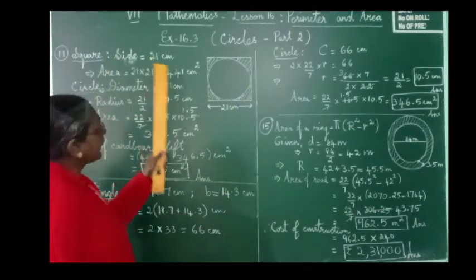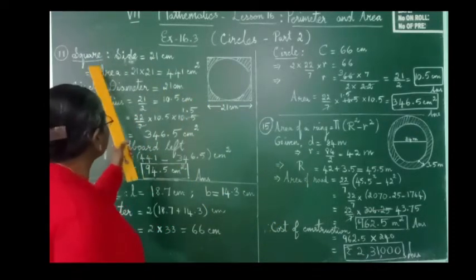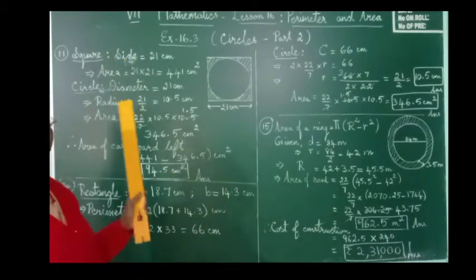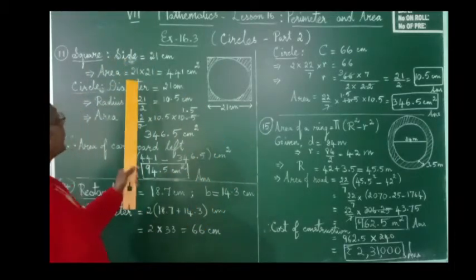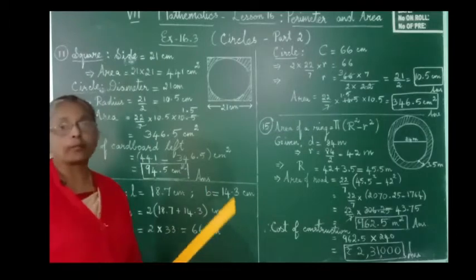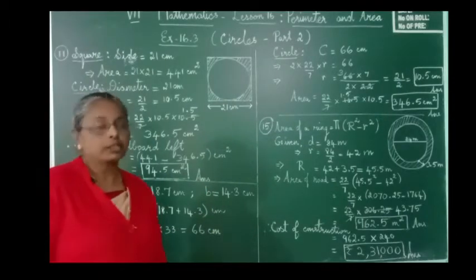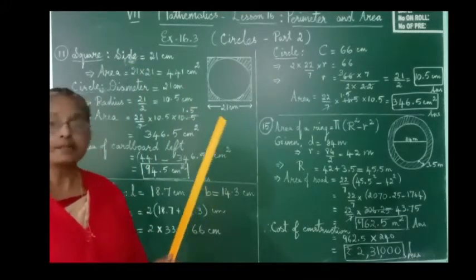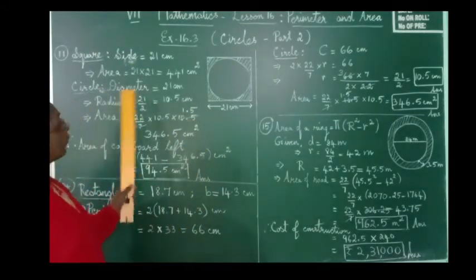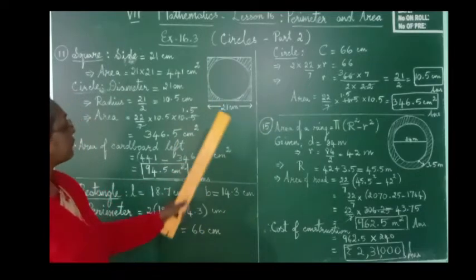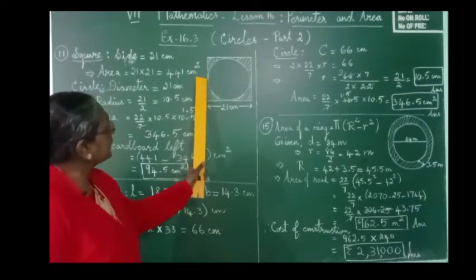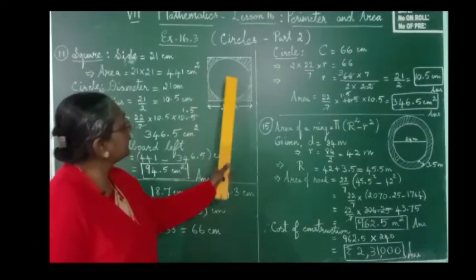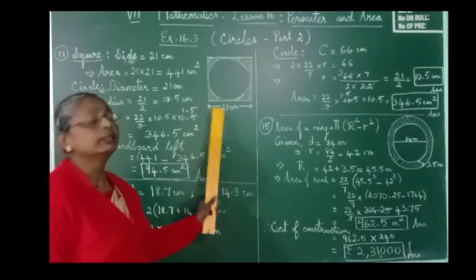Now, it's given side is 21 centimeters for the square. Then what will be the area of the square? Area of a square, as you know, formula is side into side. So, we have 21 into 21 which is 441 centimeters square. Now, coming to the circle inside. Here, as we see the circle, its diameter will be equal to the side of the square.